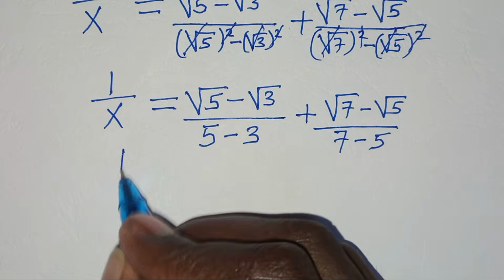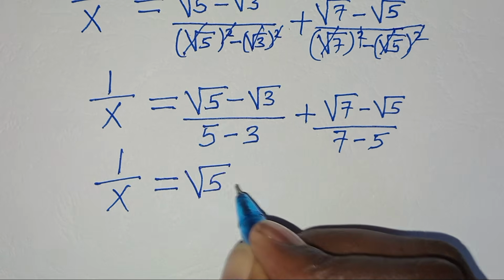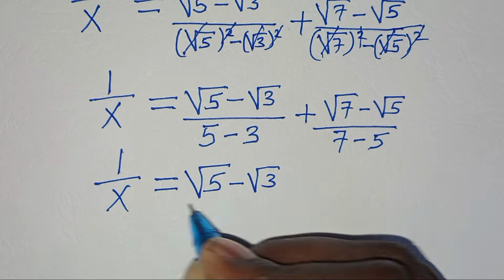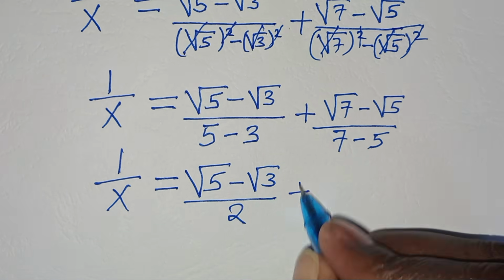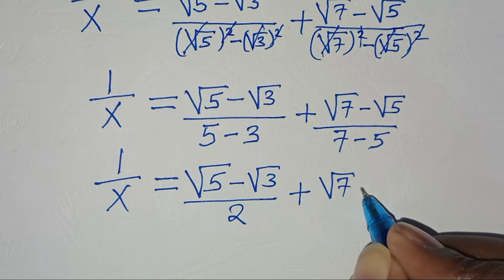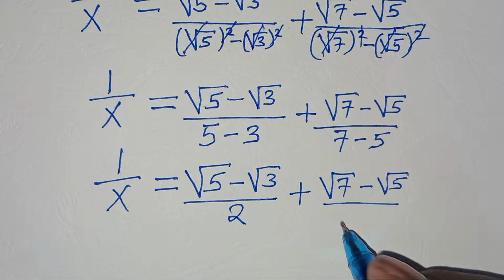So we have 1 over x equal to root 5 minus root 3 divided by 5 minus 3, which is 2, then plus root 7 minus root 5 divided by 7 minus 5, which is 2.